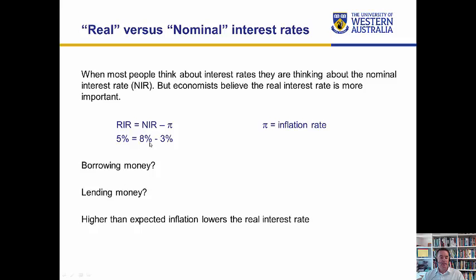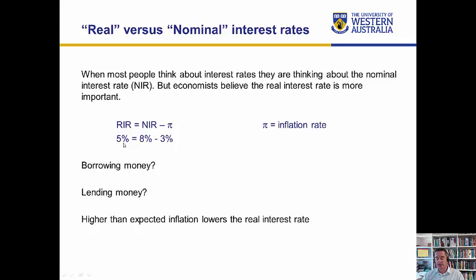So 3% of the 8% is being covered by inflation. You've got to come up with the other 5% yourself. So in that sense, you should really be thinking about the 5% interest rate when you borrow money.